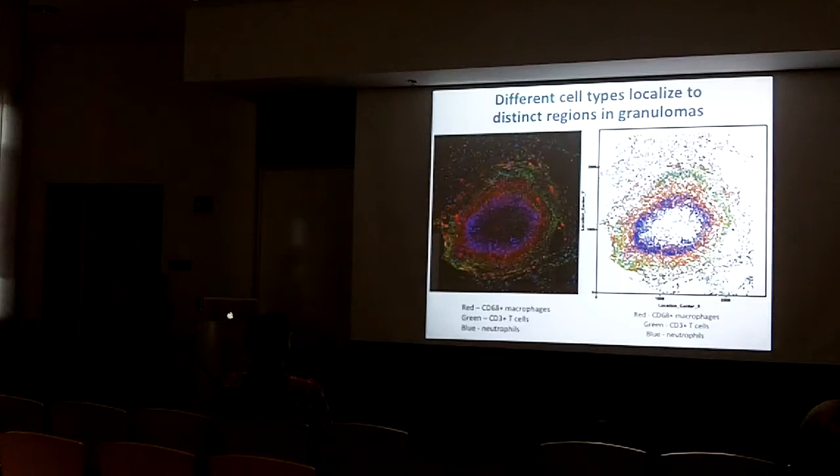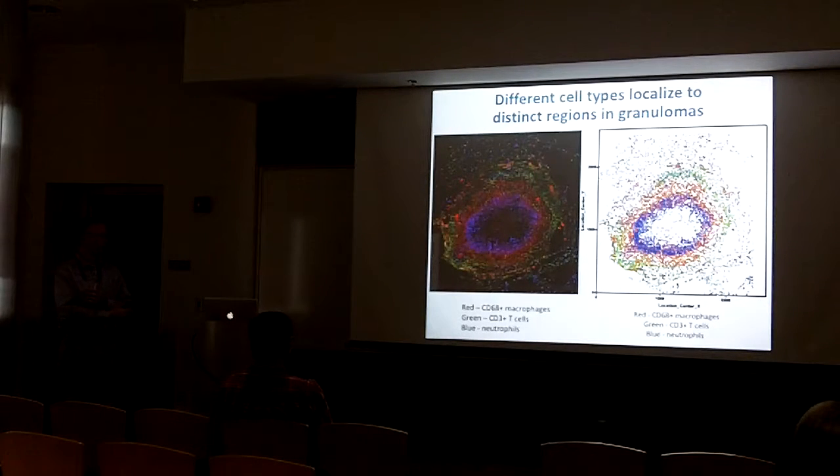This is a granuloma, just showing the position of cells in that tissue. We've got 3 different populations of cells: CD68 positive macrophages, CD3 positive T cells, and calprotectin positive neutrophils. We identified the location of every one of these cells and plotted it over here to show how nicely organized these are.